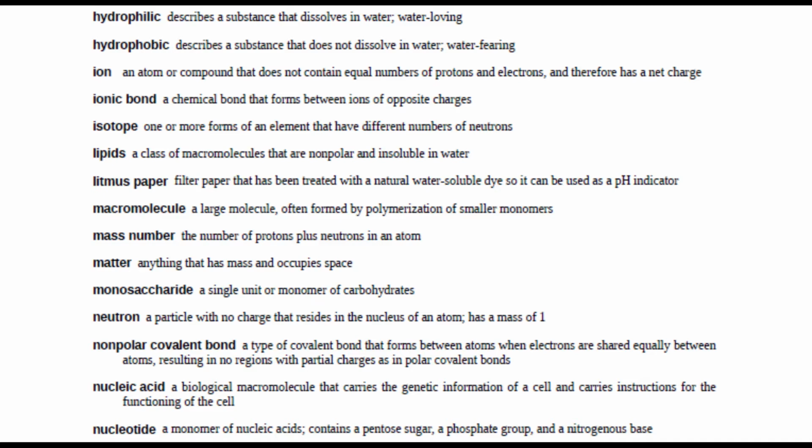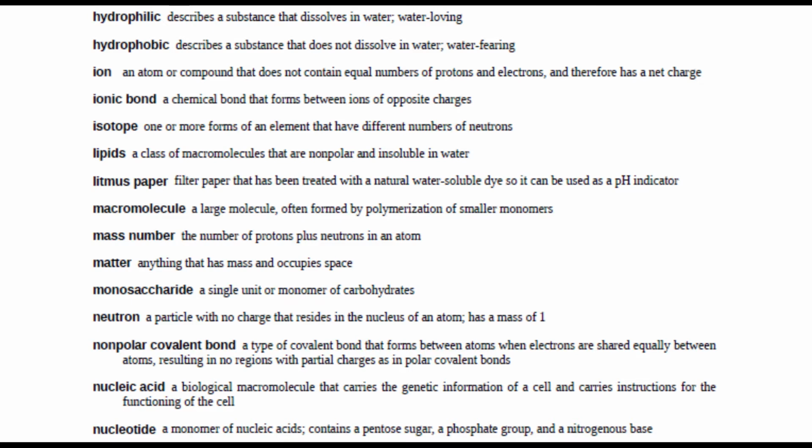Ion, an atom or compound that does not contain equal numbers of protons and electrons and therefore has a net charge. Ionic bond, a chemical bond that forms between ions of opposite charges. Isotope, one or more forms of an element that have different numbers of neutrons.